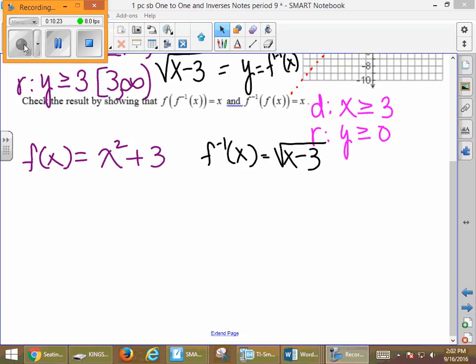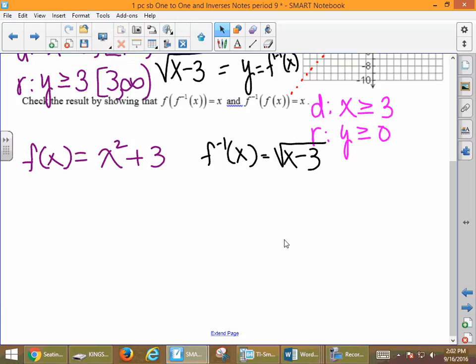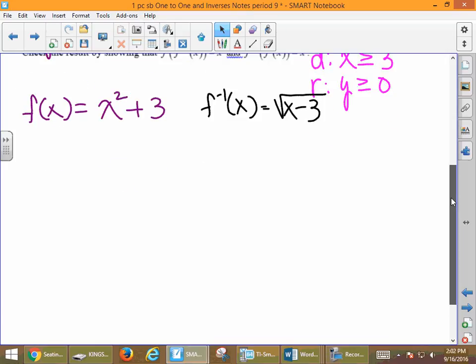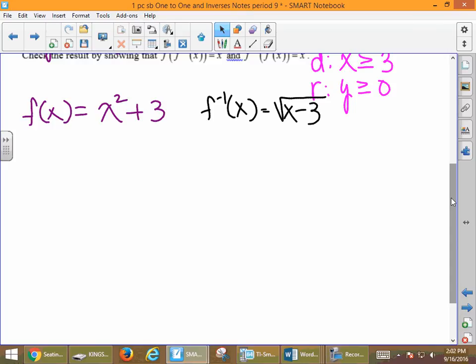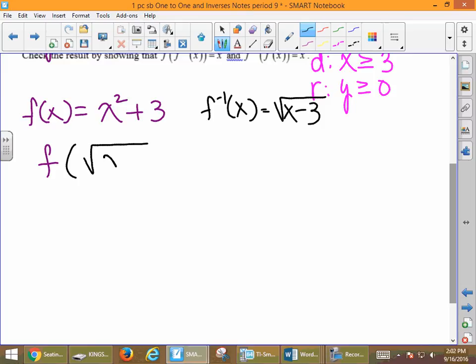So now we're going to look at the composition of these. And first of all, we're going to do f of the inverse function. So our f function, and then our inverse. Our inverse is the square root of x minus 3.